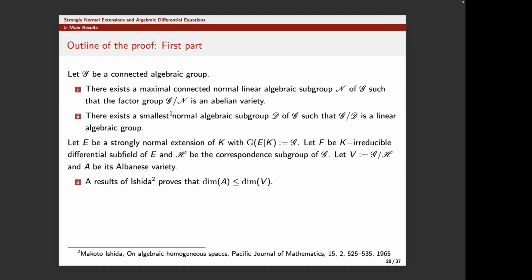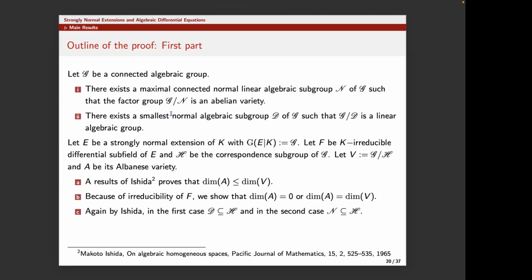Then a result of Ishii shows that the dimension of the Albanese variety is less than or equal to the dimension of V. And because of irreducibility of F, we show that the dimension of A equals 0 or the dimension of A equals the dimension of V.